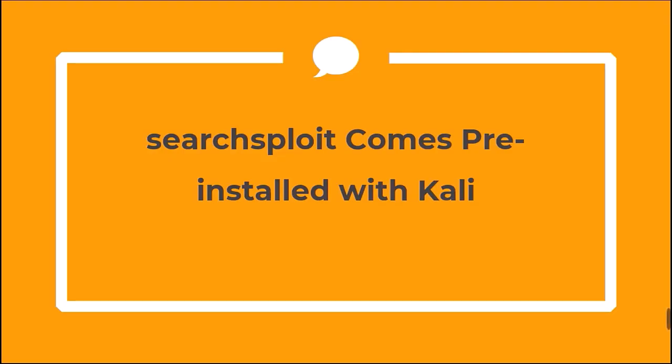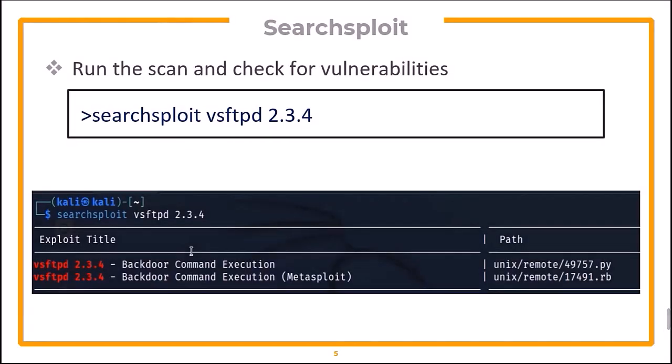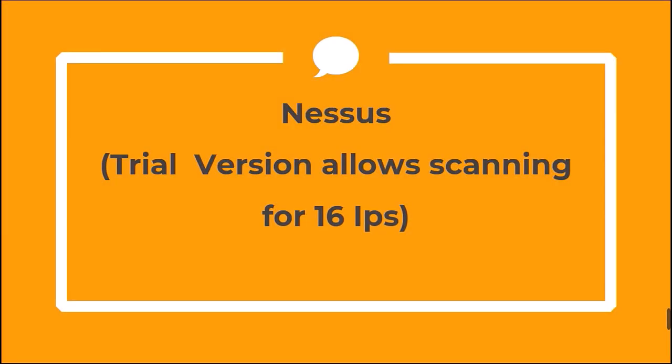SearchSploit comes pre-installed with Kali. Supply the version number of the application to it, and it lists all vulnerabilities of the particular application version. Nessus has a trial version.